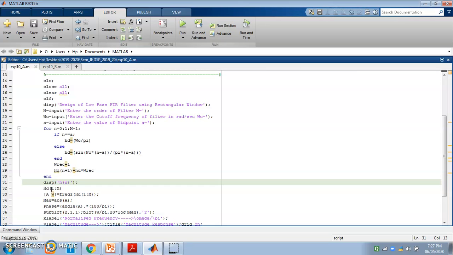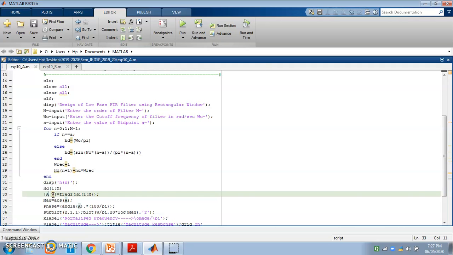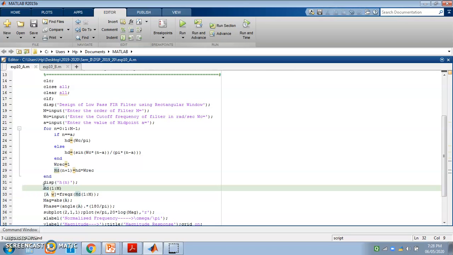Now once I know the impulse response, the next task is to convert that impulse response into the causal filter's transfer function, that is the Z transform, and we have to solve that Z transform on the unit circle, and we can calculate the magnitude and phase response. So the same thing is considered over here. Line number 33, here I have considered the frequency response of this low pass FIR filter with the obtained values of the samples in the desired impulse response, that is hd of n.